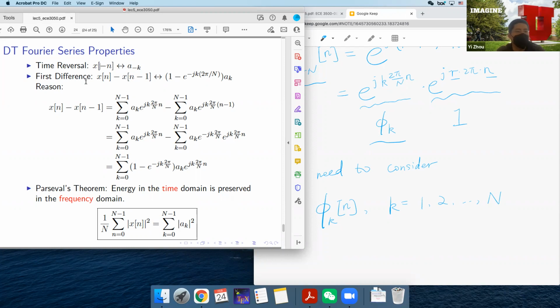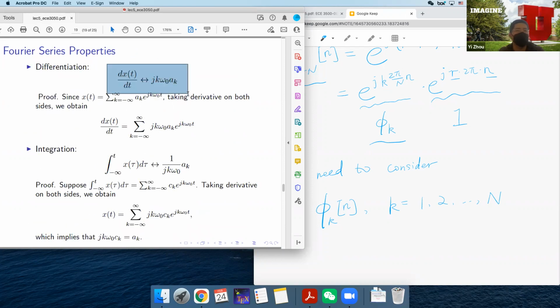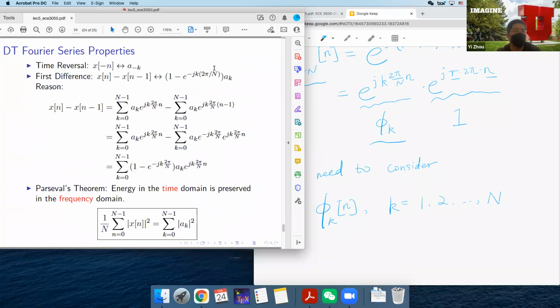So the difference is the differentiation part. Now, recall that in the continuous time case, we have a differentiation property where we consider the derivative of the continuous time signal. But now we are looking at a discrete time signal, so we don't have a derivative anymore. Instead, we consider the difference as a kind of approximation of the derivative.